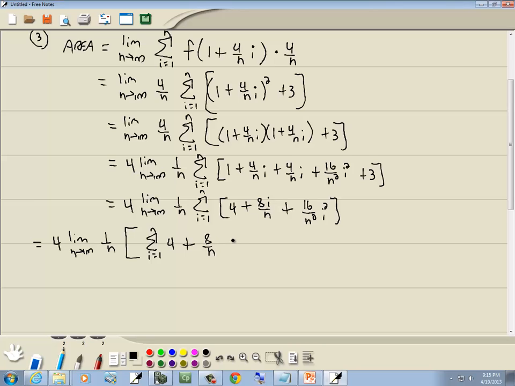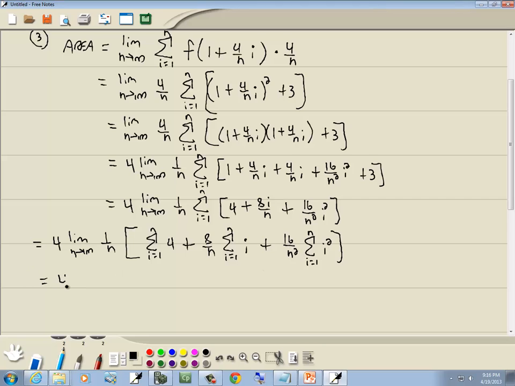So we've got 8 over n, the summation i equals 1 to n of i. Then this last one, I can put the 16 over n squared out in front. Basically, when you're working these problems, the number here is the exception. But if you've got i's or i squared or i to the thirds, whatever else is with the i or i squared, you can always put it out in front of your summation.